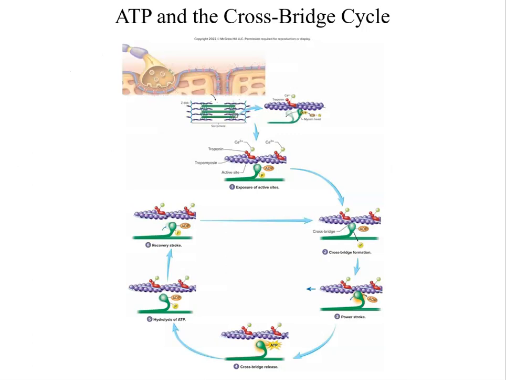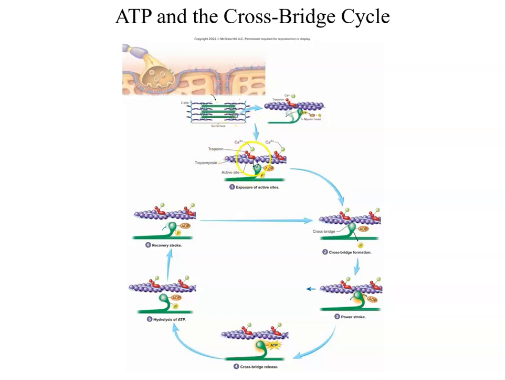Here we can focus on the role of ATP during the cross-bridge cycle of contraction. It is a cycle, so we can really pick anywhere within the cycle to start. It's somewhat arbitrary. Here we have no attachment, right? But the attachment site is exposed.